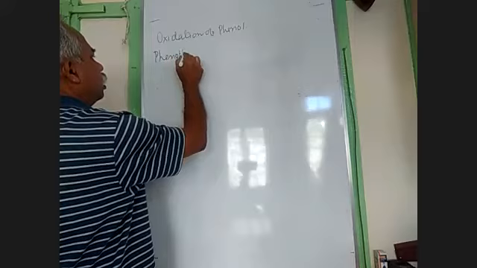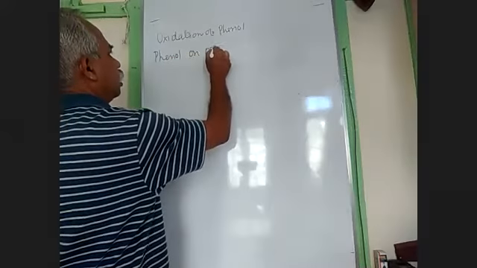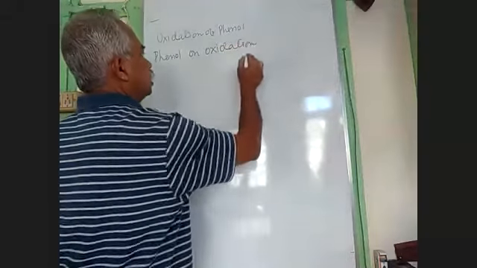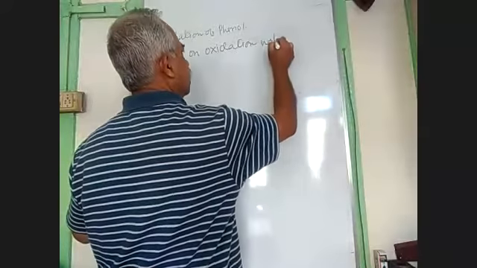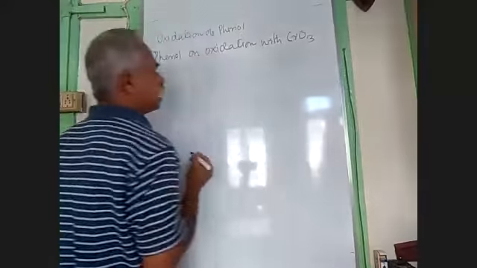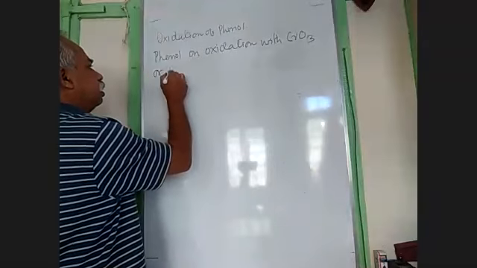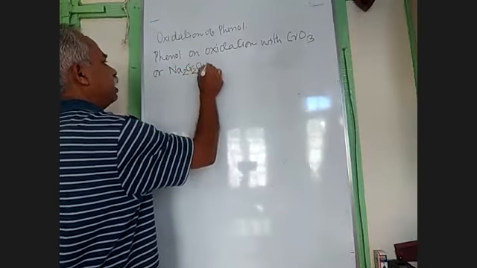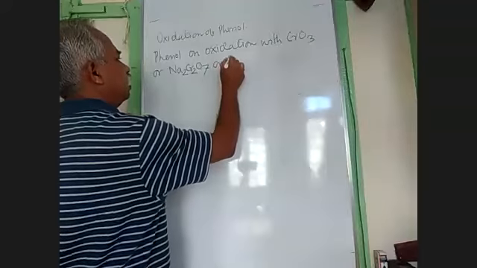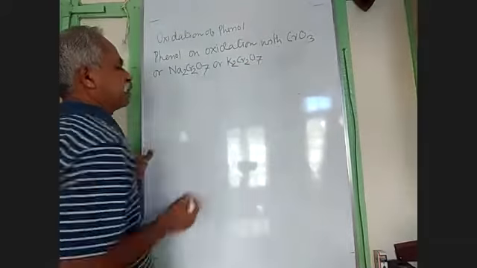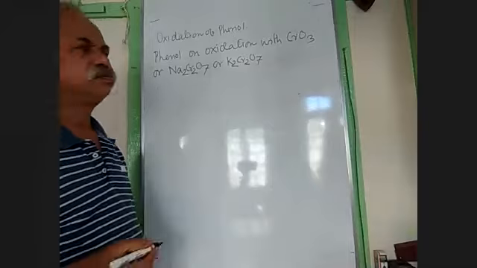Phenol on oxidation with chromium trioxide or sodium dichromate or potassium dichromate. Actually, it is chromium 6.